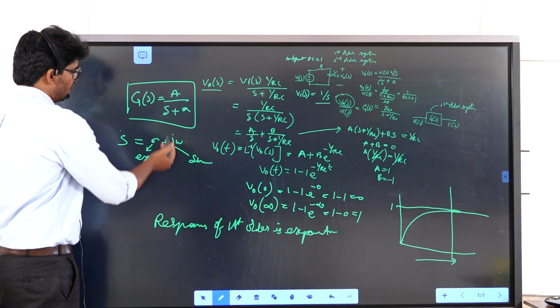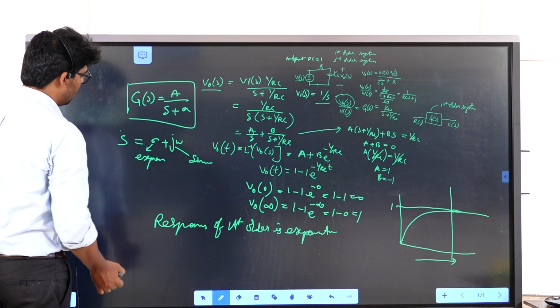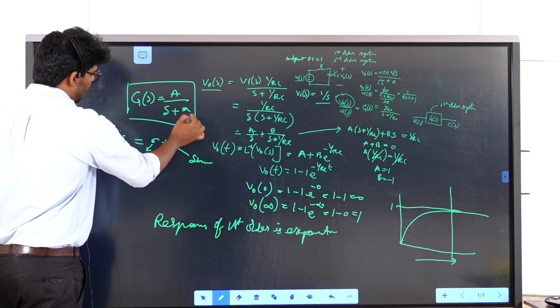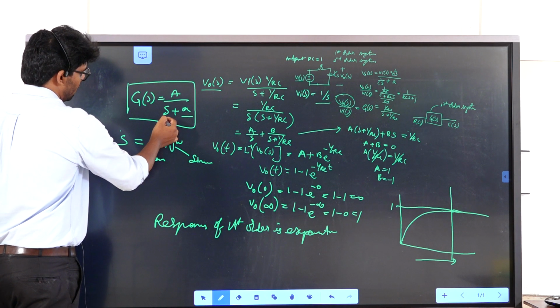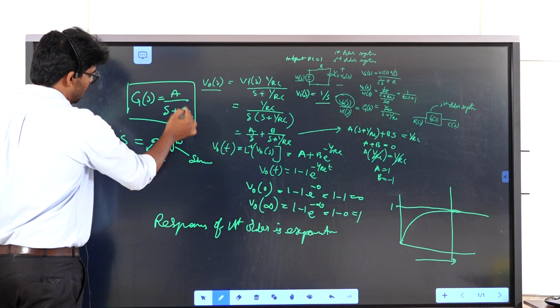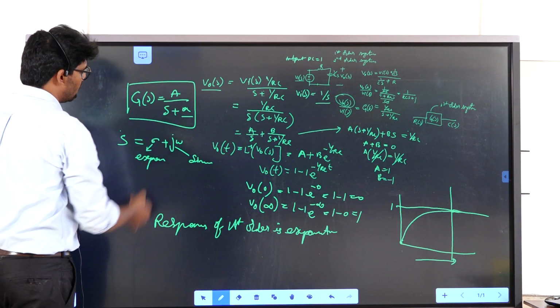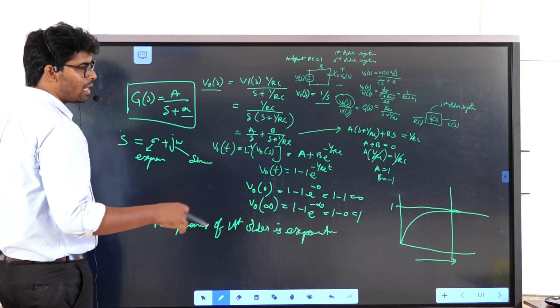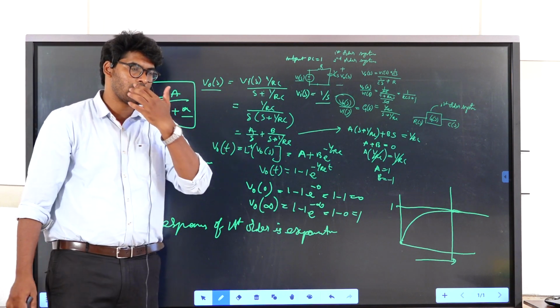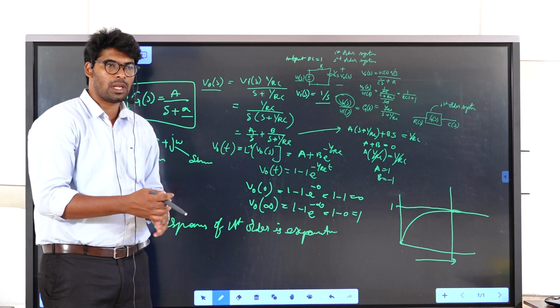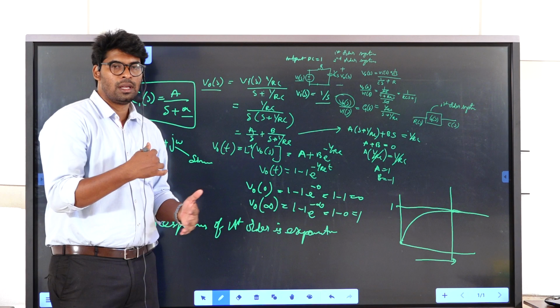Here we have s plus a, so the pole is minus a, which has only a real part, so it is said to be exponential. First order is exponential, but the case in second order will vary. In second order we'll have exponential response, sinusoidal response, and a combination of exponential plus sinusoidal.